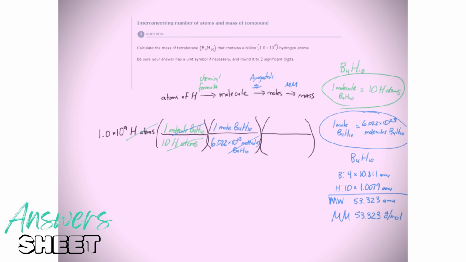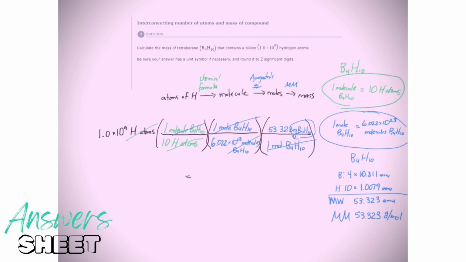So we place that here. 1 mole of B4H10 has a molar mass of 53.323 grams of B4H10. Moles cancels, and now we are left with grams. So let's do the math here and see what answer we get.